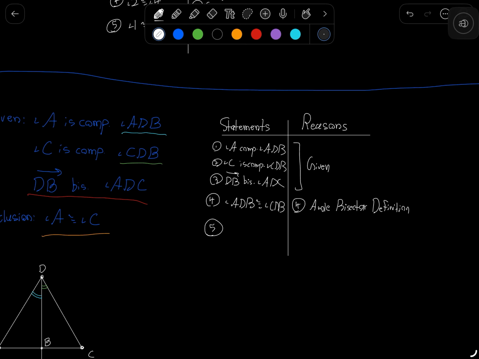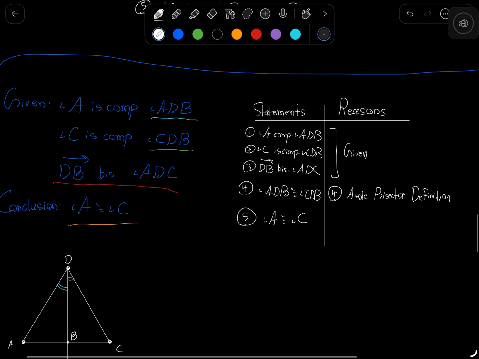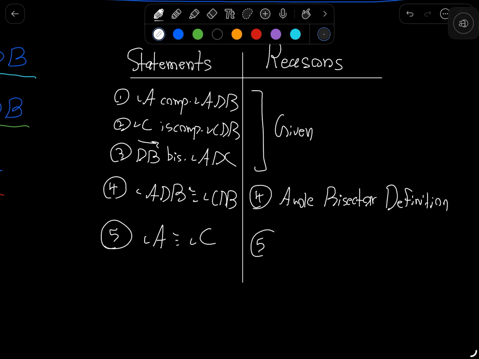So now that we've proven that, we can actually jump right towards the conclusion, say that angle A is congruent to angle C. The reason is, this goes back to congruent complements and supplements.